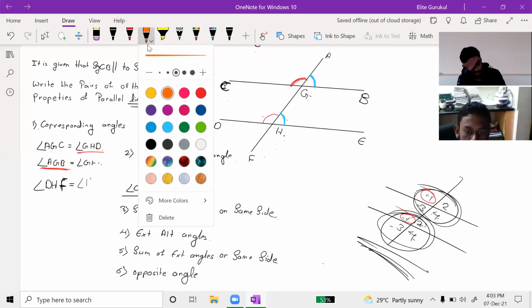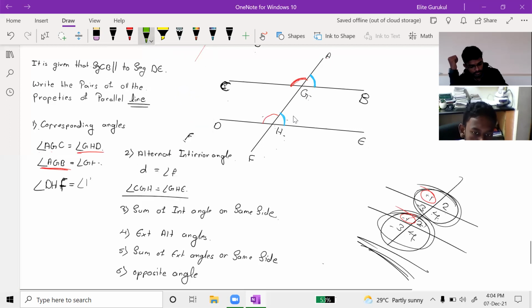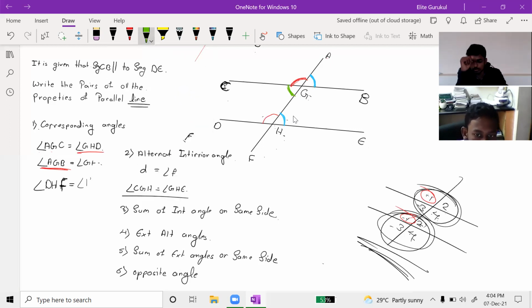And now coming to the next, this angle will be equal to, tell me the name of the angle which will be equal to this angle. Angle DHG. G is here, na beta. This is already done. Okay, angle DHF.